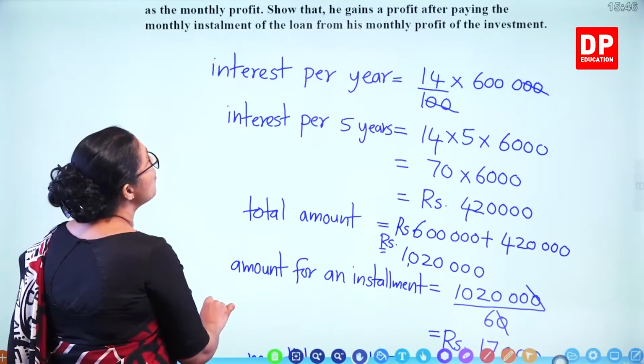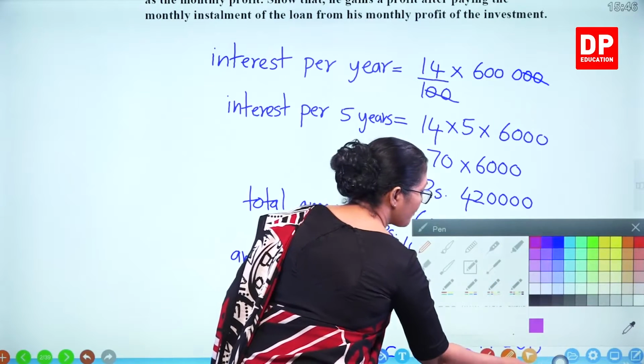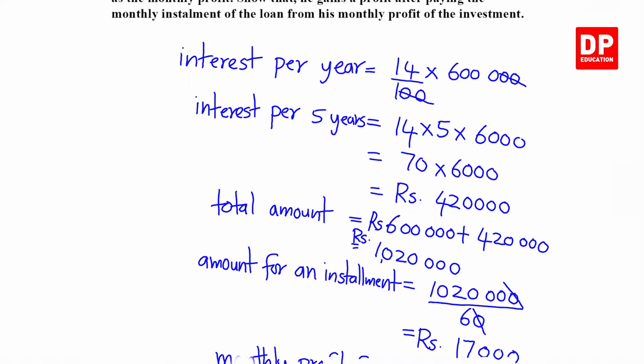So we'll see how you get marks according to the marking scheme. 420,000, so you get 2 marks up to this point. And then dividing the total amount, so you get 3 marks here for adding and finding that.